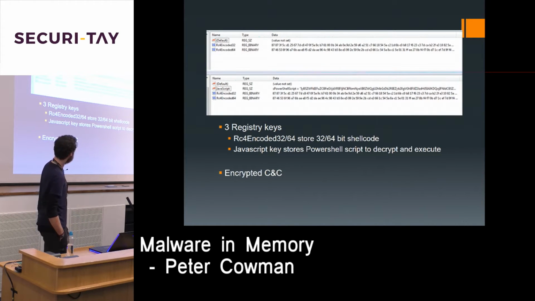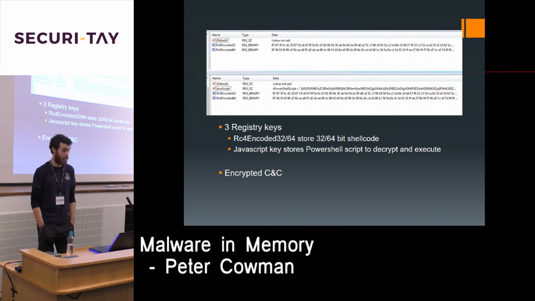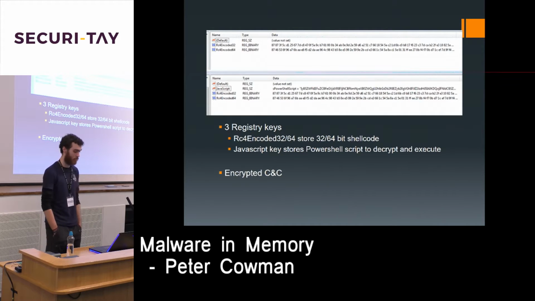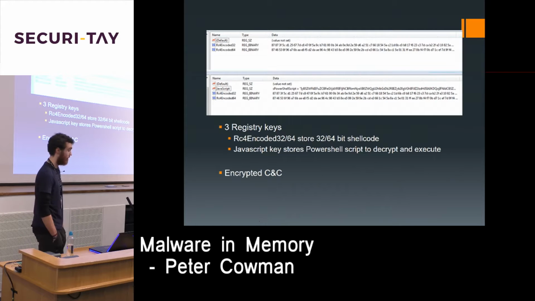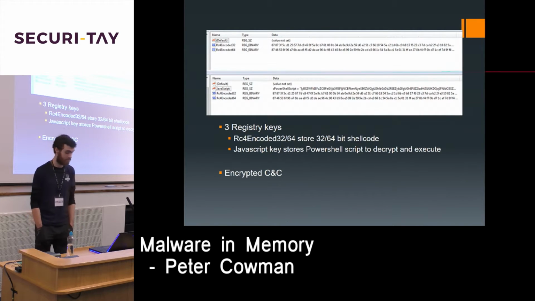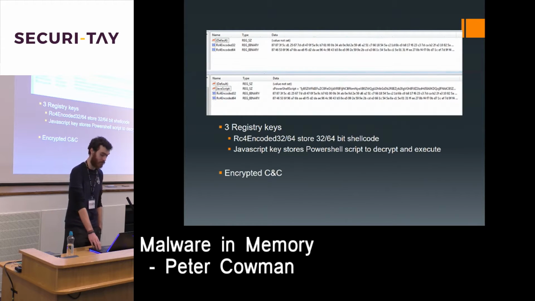The RC4-encoded 32 and 64 are your payloads, encoded for 32 and 64-bit machines, and then there's a JavaScript key which actually has the PowerShell script to decrypt and execute the payloads. This also had encrypted command and control, and it was able to carry out encrypted command and control and customized modules.